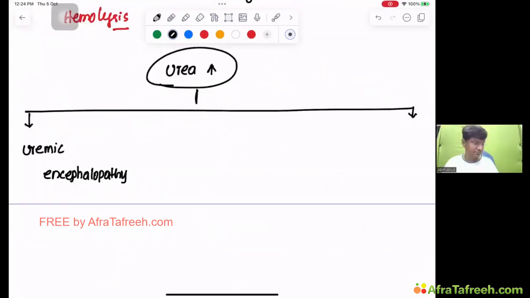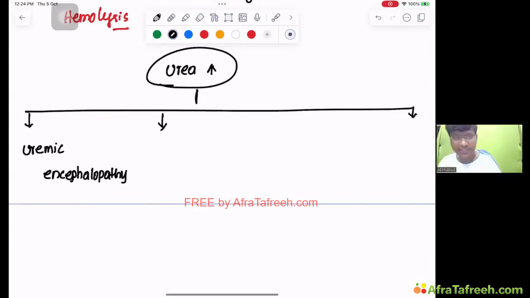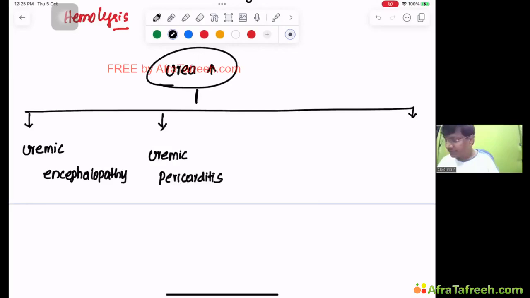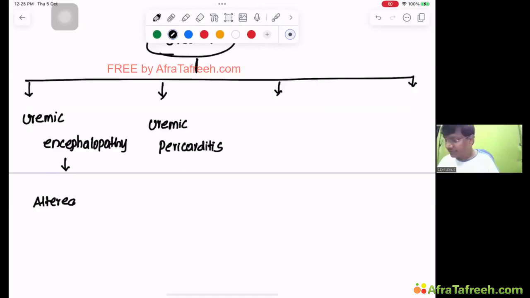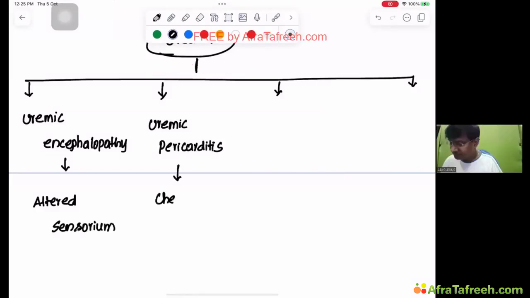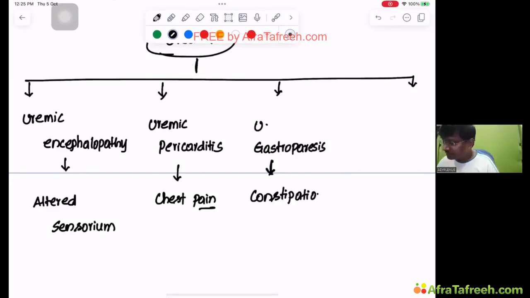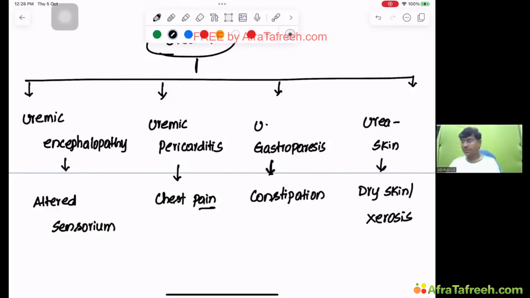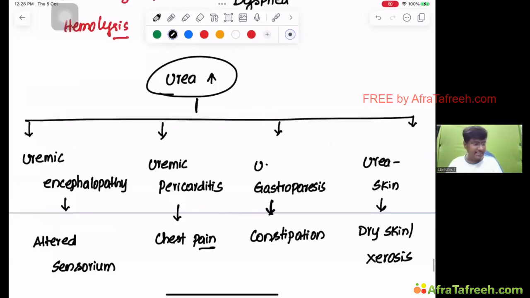Because of the increase in the urea levels, there can be uremic encephalopathy, and urea will also accumulate within the pericardium, resulting in uremic pericarditis. The patient can be in a state of altered sensorium. And there can also be uremic gastroparesis. They present with constipation.